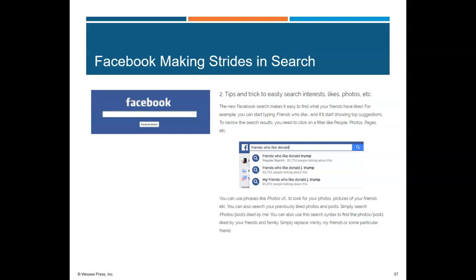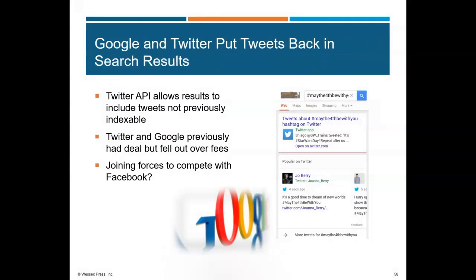Remember, this is an old presentation. So right now, it's not just Facebook that is making strides in search. Right now, you can search something up on any other social media platform. Google and Twitter, now known as X, put tweets back in search results.